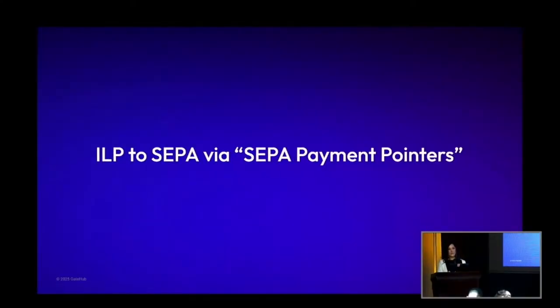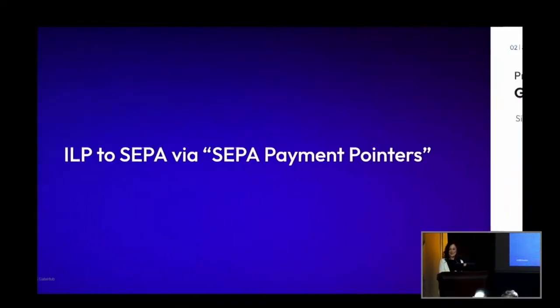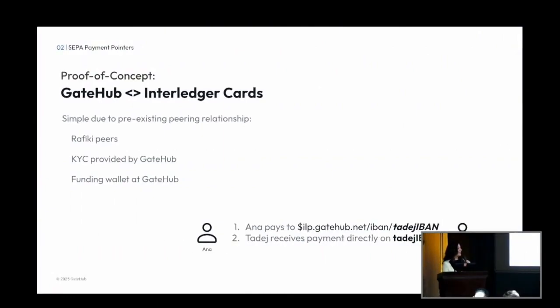So the solution, the proof of concept we came up with, is a special type of payment pointer, which we call SEPA payment pointers. Well, in fact, they're just normal payment pointers that we treat a little bit differently because of their specific name, right? For this proof of concept, we relied heavily on our pre-existing peering relationship with Interledger Cards, which simplified a lot of things.